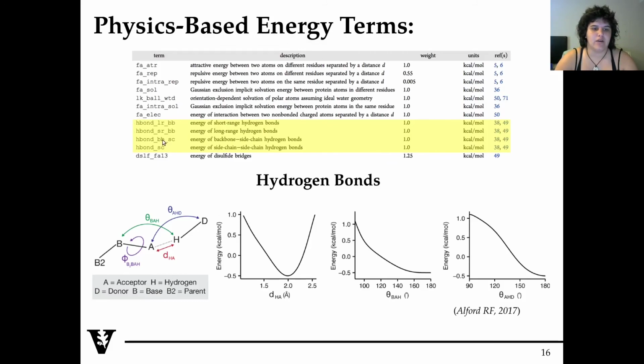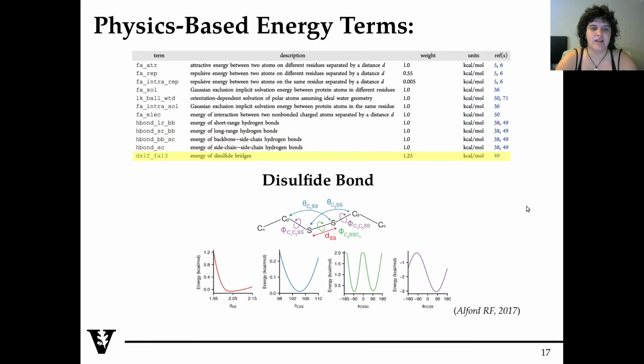Then we have the hydrogen bonds between backbone and side chains, and then we have a term for the interactions that are within side chains only. So with these four terms, we can describe all the hydrogen bonds that are formed in a protein, or also in a couple of proteins, like in interacting proteins.